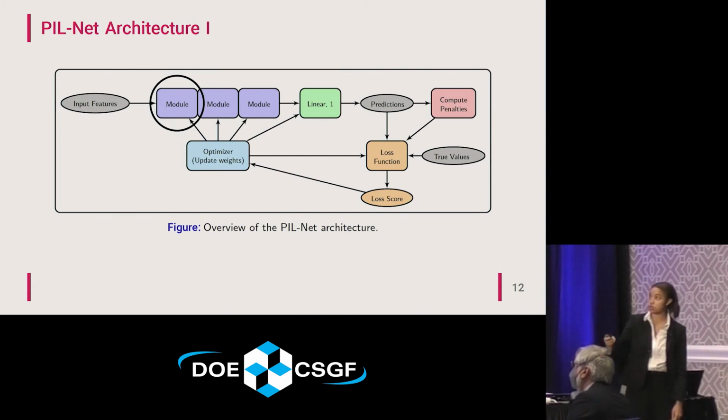But in addition to what I showed you earlier, we have this step where we compute the penalties from the predictions. The loss function will be on a later slide. The predictions, the penalties, and the true values go into the loss function until you get this loss score. And like before, the optimizer updates the weights on the layers and also within the loss function based on the loss score.